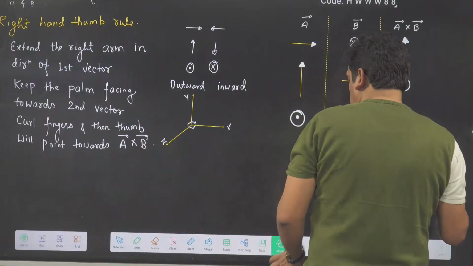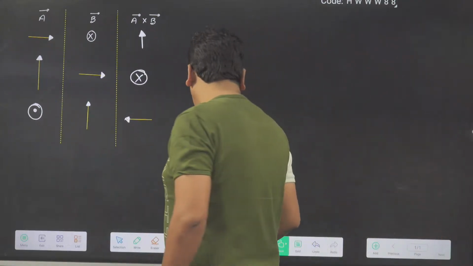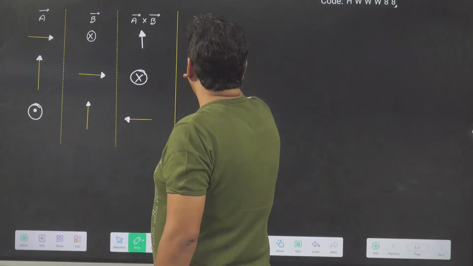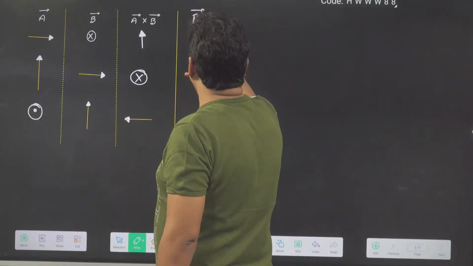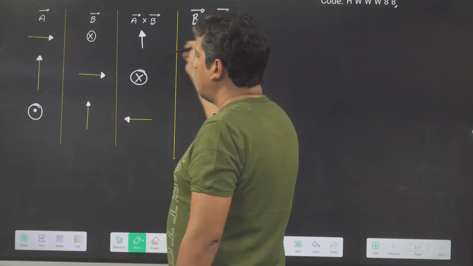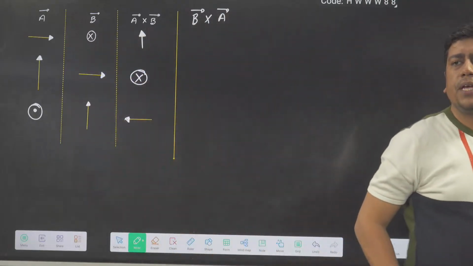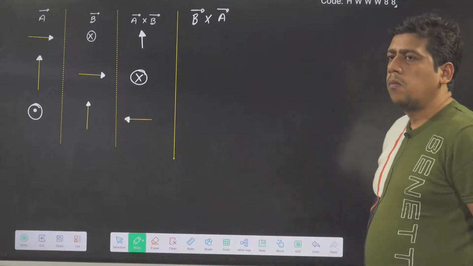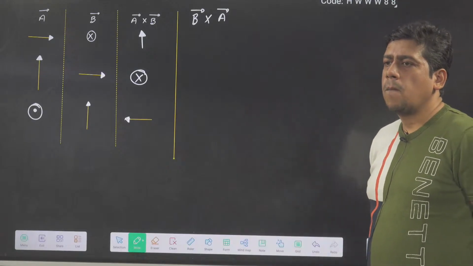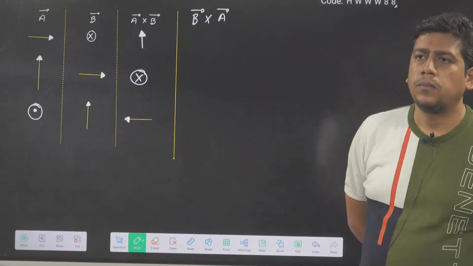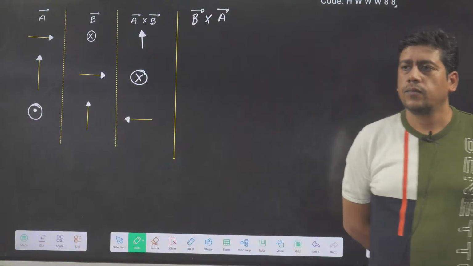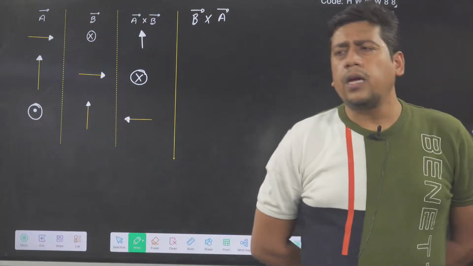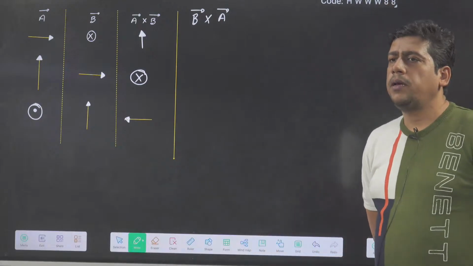Now I want you to practice more. You find the direction of B cross A. Again, B cross A. This time you have to find B cross A. So in case of B cross A, first vector will be B vector.